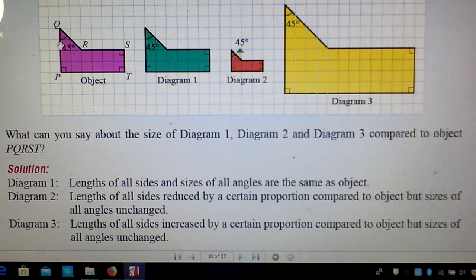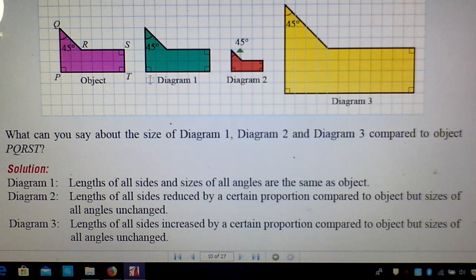So you look at how we know whether same or not. Maybe just count the number of squares here. PQ is 1, 2, 3, 4. And then the equivalent side here is also 4. And then PT 1, 2, 3, 4, 5, 6.